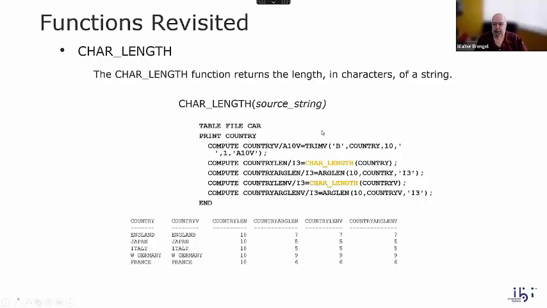And notice we actually are using the TRIMV function to do that. Looking at CHAR_LENGTH, there's only one parameter, and that's the field that you're getting the length from, whereas on the ARGLEN you have to say, I'm passing in 10 characters in country, and I want the result to be an I3 format.